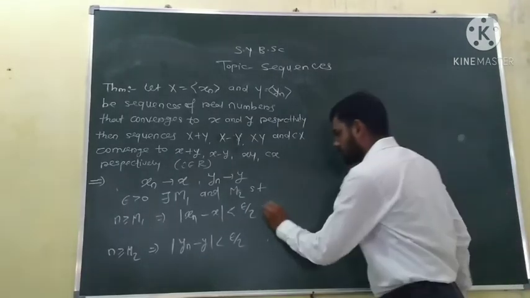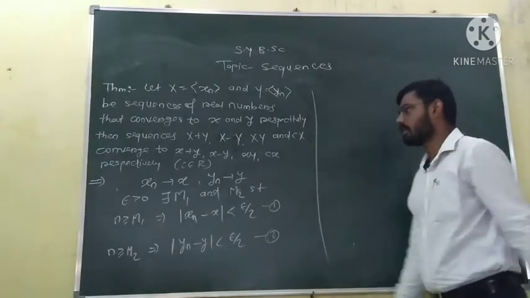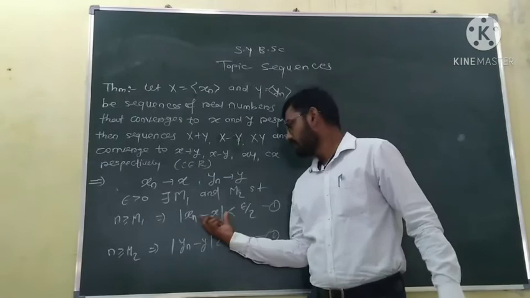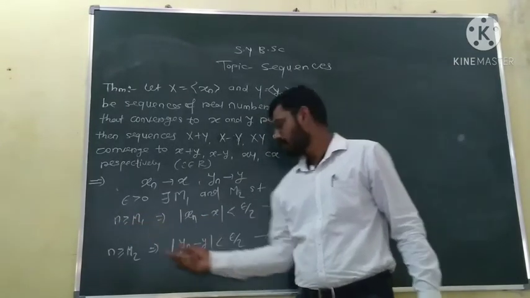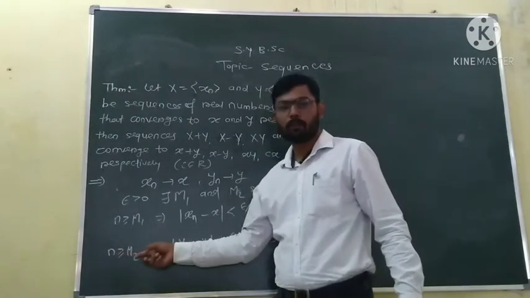So we get here two inequalities. Now see, this distance is less than epsilon by 2 whenever n greater equal m1, and this distance is also less than epsilon by 2 but when n greater equal m2.